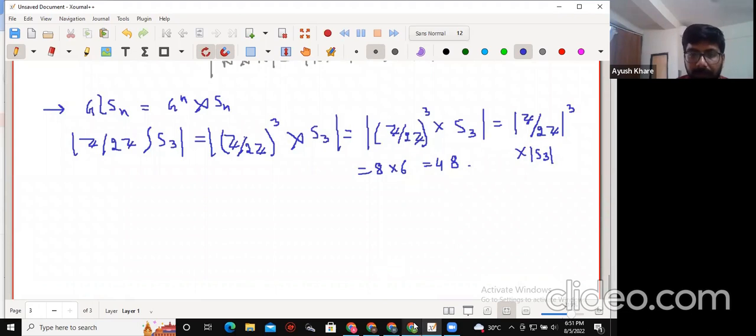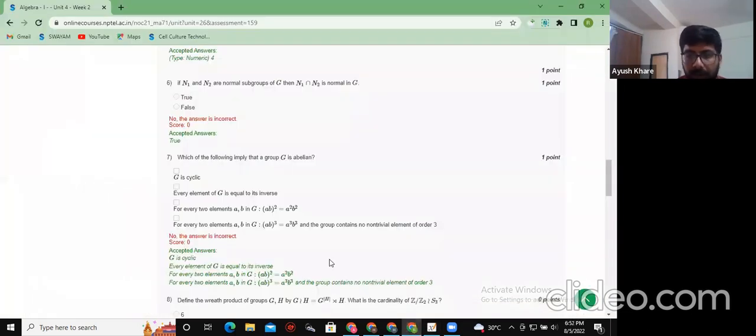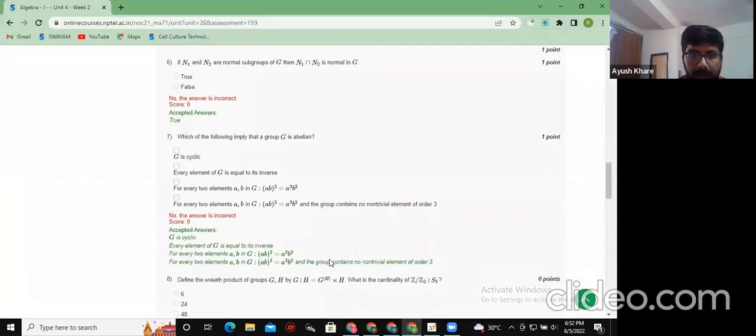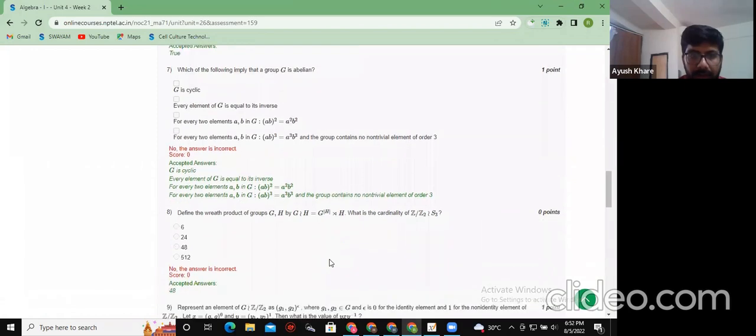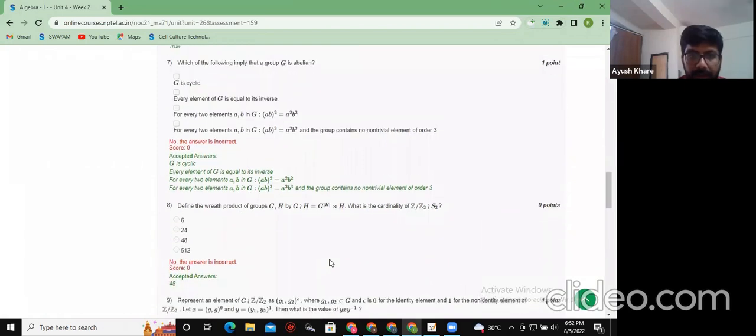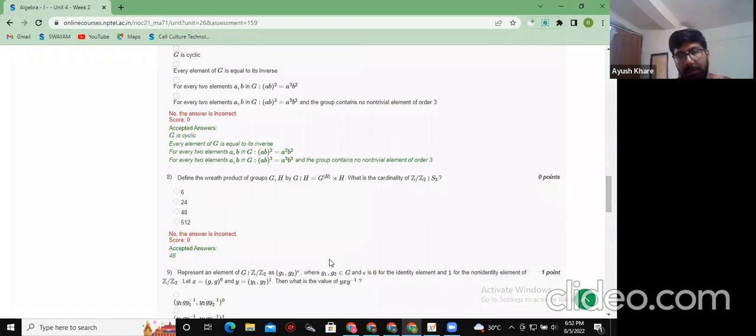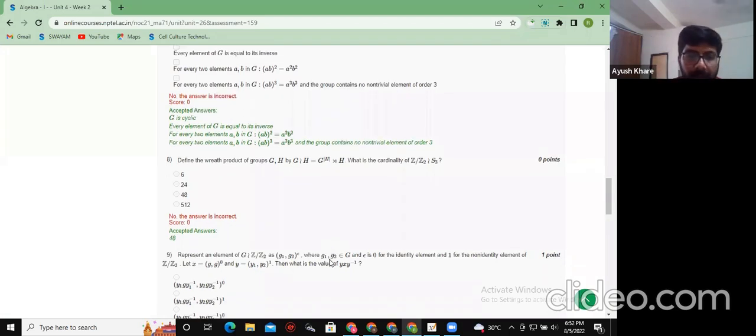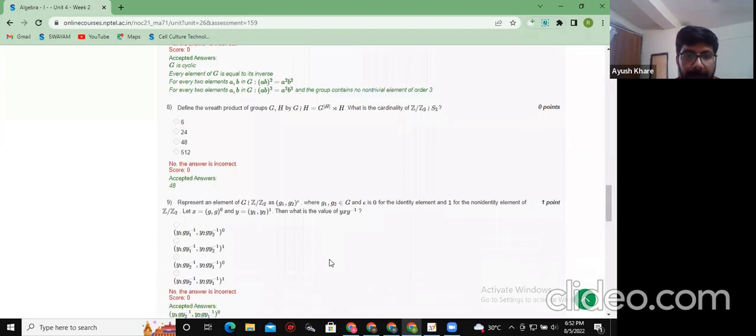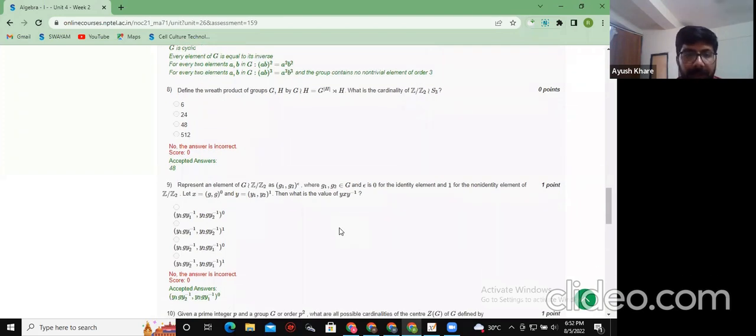Okay. So the answer is 48. Now this solution 9 is a bit tricky, and it needs the definition of semi-direct product to be understood in a very good manner.